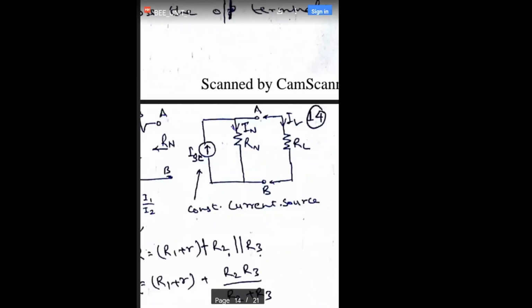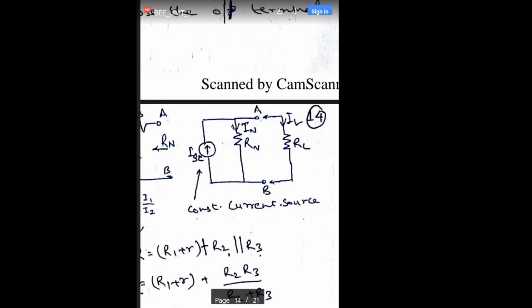Here now you can see in this circuit, this is the last and reduced form of the Norton's theorem. So what we get is the current source which is in parallel with the Norton resistance and the load resistance.